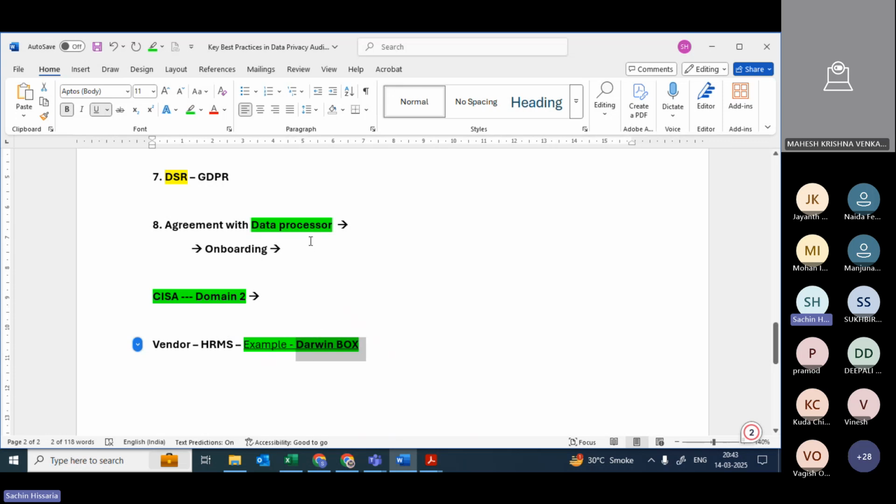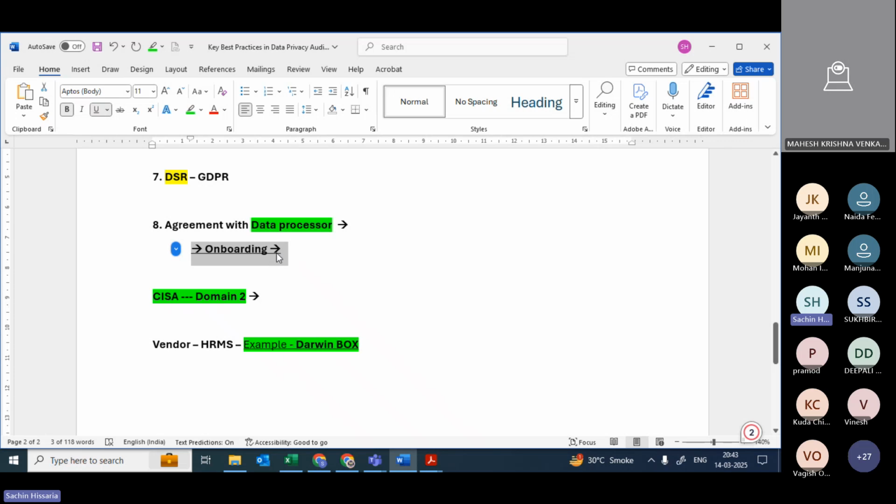Before appointing this company as a data processor, you would check what controls they have implemented to secure your data, what controls they have implemented to comply with the privacy law, and whether their application is secure or not. You will check all these things as part of the onboarding formality of this data processor.